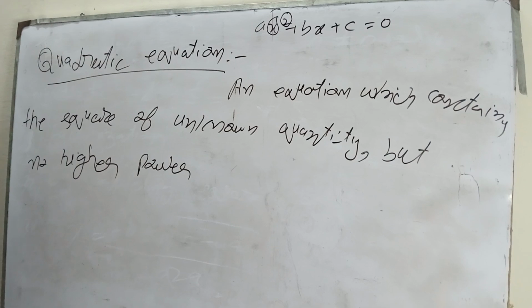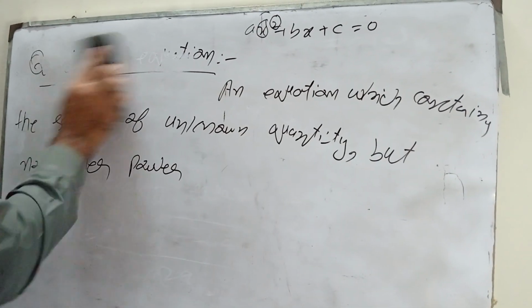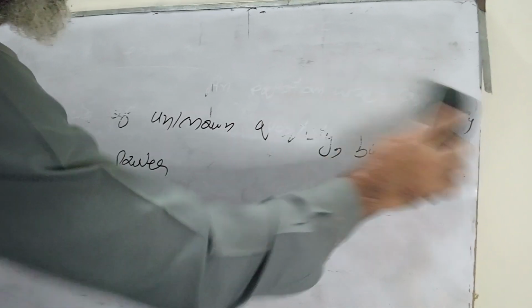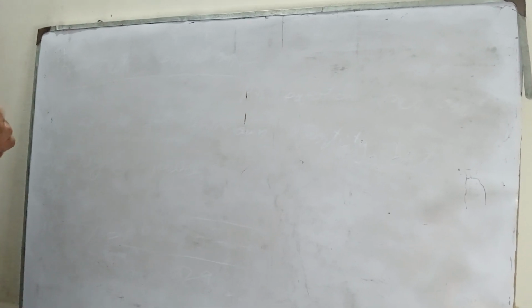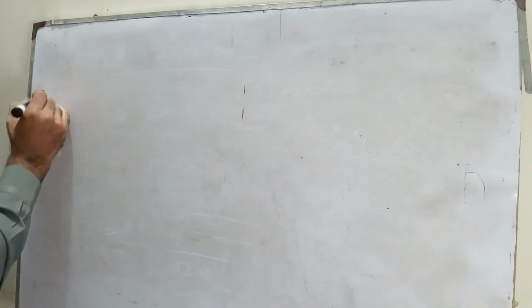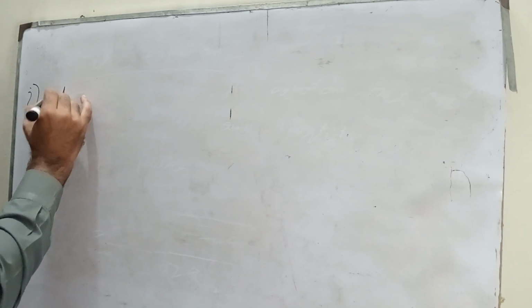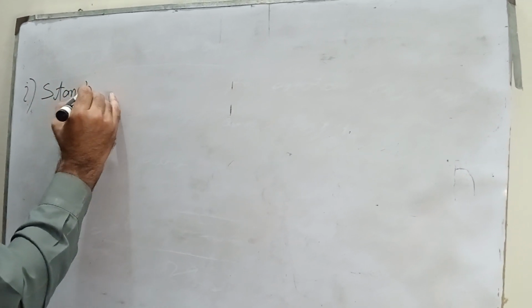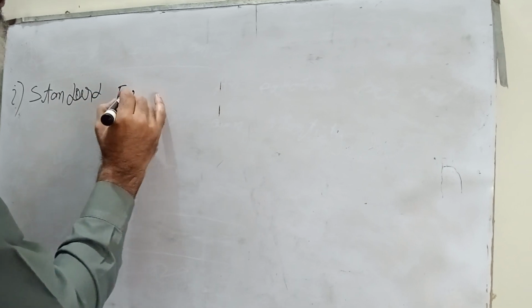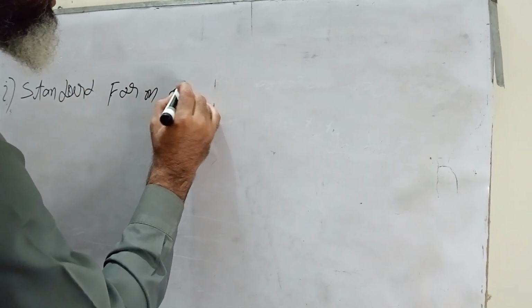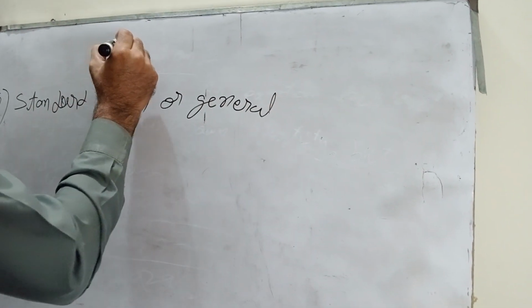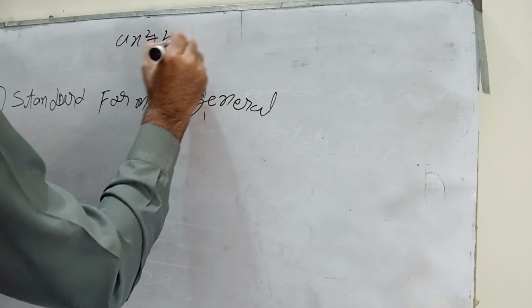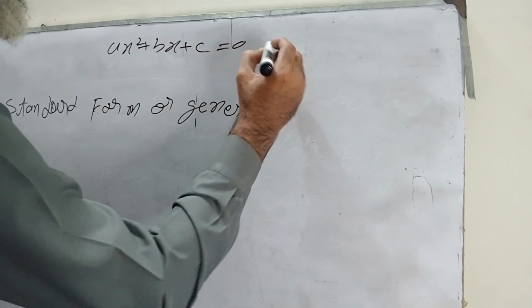Now we will move towards the different forms of the quadratic equation. There are two forms of the quadratic equation. The first form is the standard form or general form of the quadratic equation: ax square plus bx plus c is equal to 0.